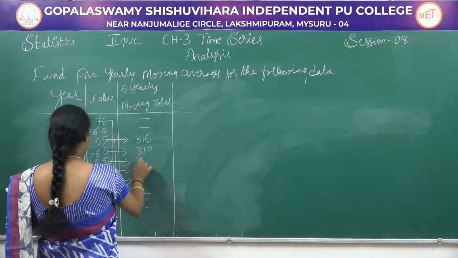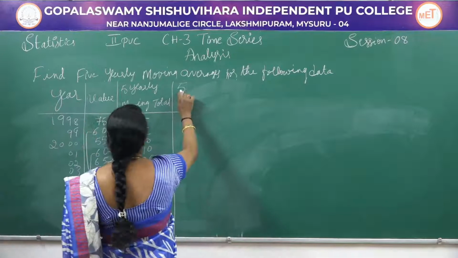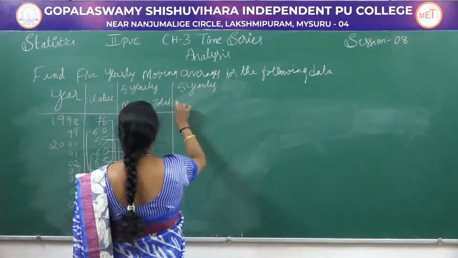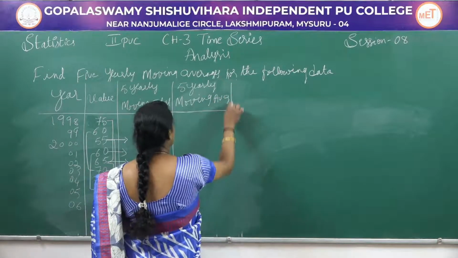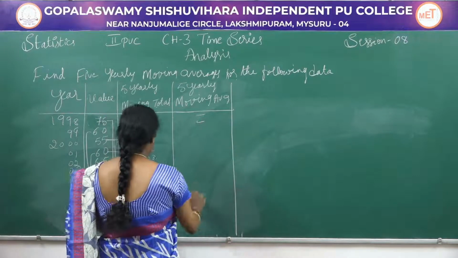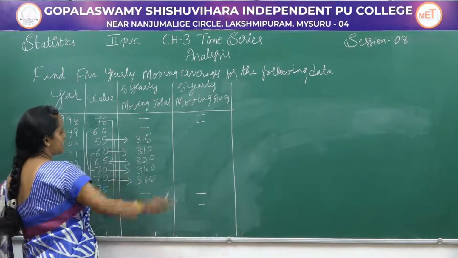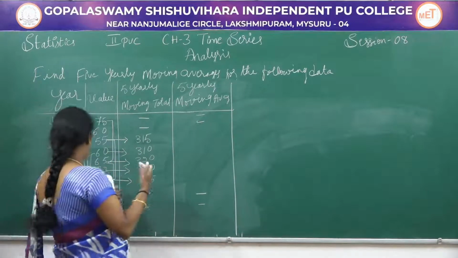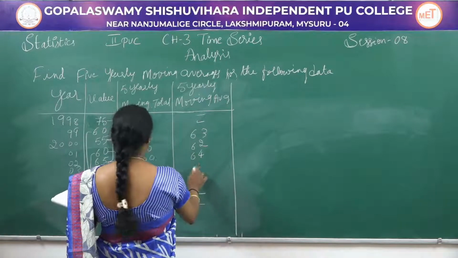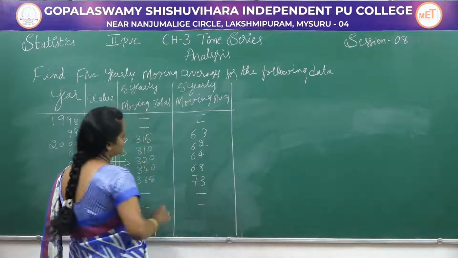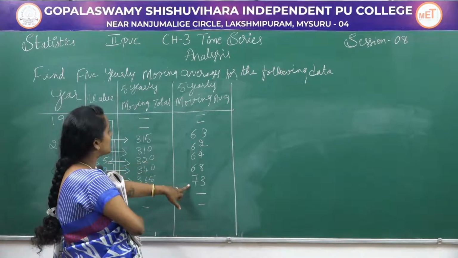It is 310, 320, 340, 365, and next 5 yearly moving average. First 2, last 2 will be blank. Next the remaining, I should divide these numbers by 5 because we added 5 numbers, and the values are 63, 62, 64, 68 and 73. Again here after 63 it is decreasing, again it is increasing.